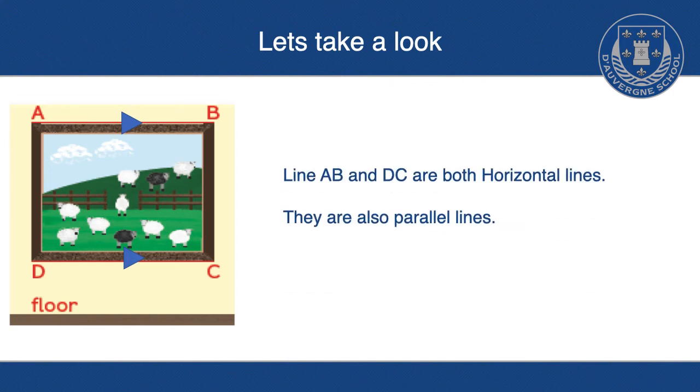But we can also say they are horizontal lines. They are both horizontal parallel lines because they are going across rather than up. That's some language that we will keep using to get ourselves familiar with how we can describe lines and different parts of a shape.